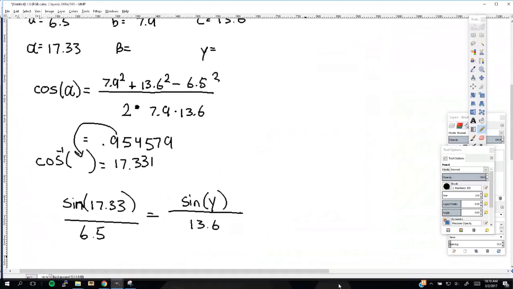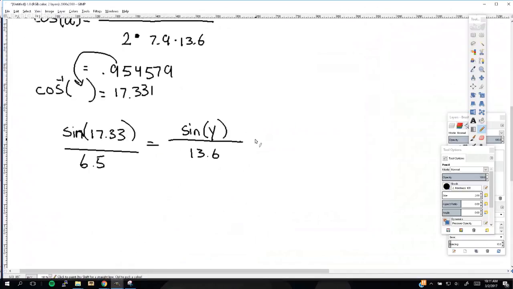I don't think that's right. I got 21.187 for the angle.